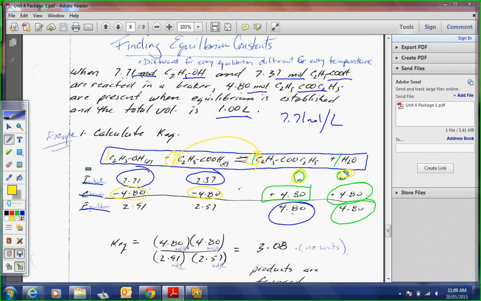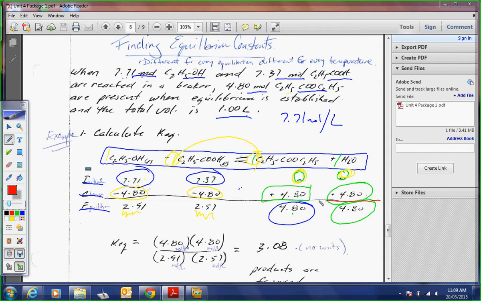So if I started with 7.71 and I reacted 4.8 of it, then I must still have 2.91 at equilibrium, and I must still have, do the subtraction, 2.57 at equilibrium. And now you know your concentrations of all of them at equilibrium. Any questions on the yellow?